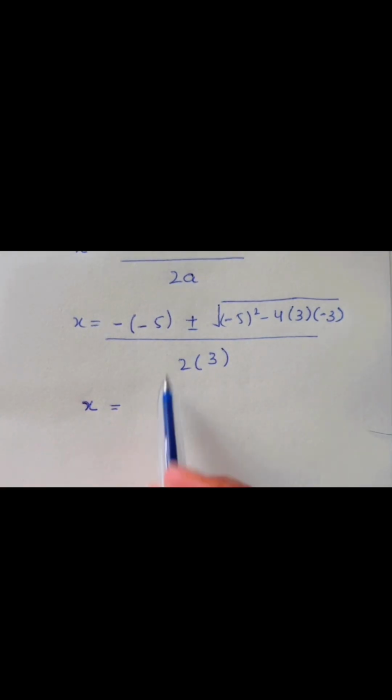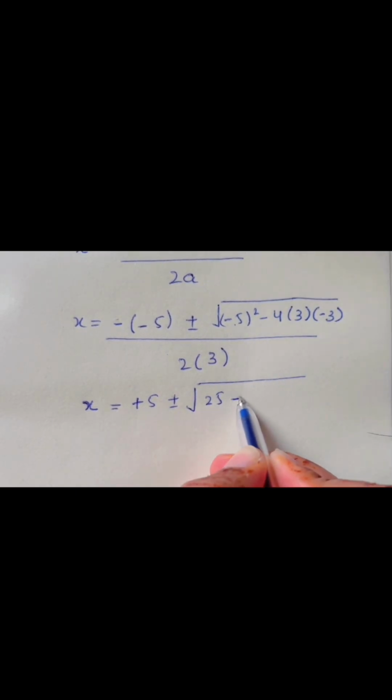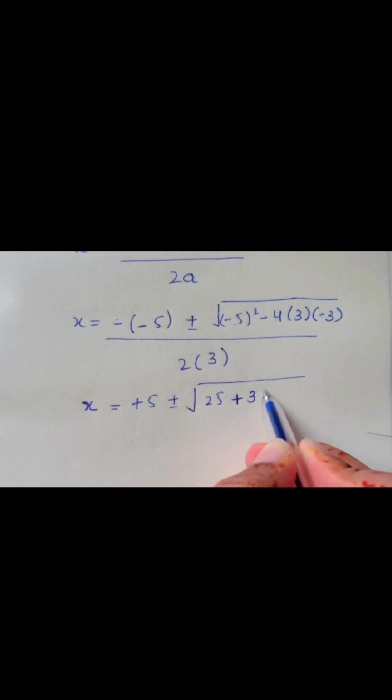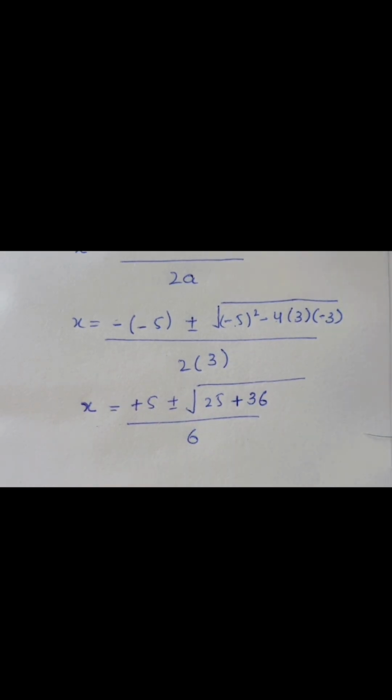Now calculate the values. We know that minus minus equals to plus 5, then plus minus square root minus 5 square is equal to 25, then minus minus will be plus, and 4 times 3 and 3 times 3, which is equal to 36, divided by 2 times 3 is equal to 6.